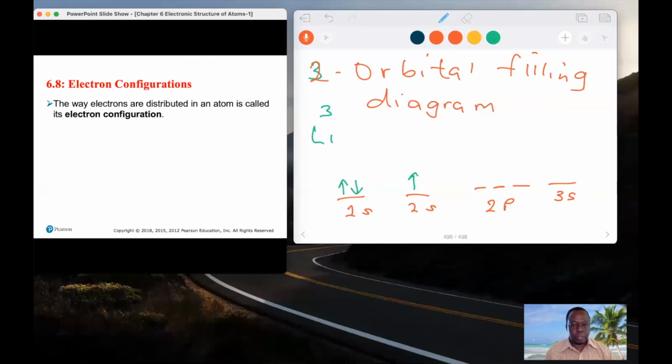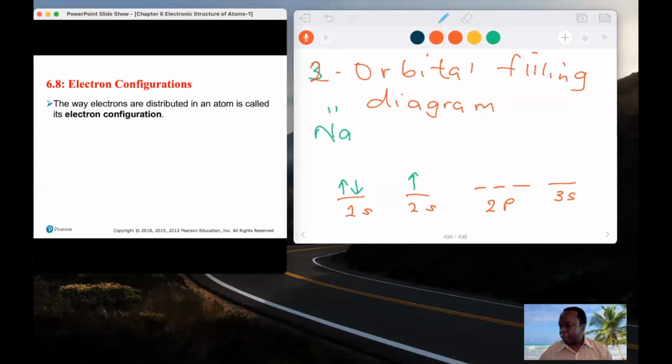And the number of electrons should correspond to what? The atomic number. So let's say sodium, number 11, I'll have to account for 11 electrons.